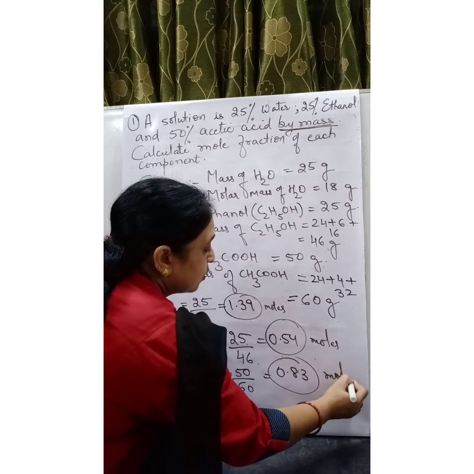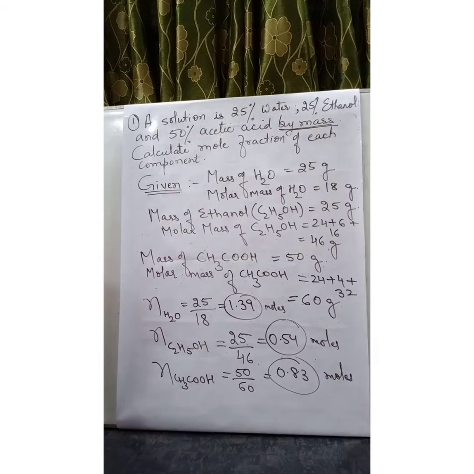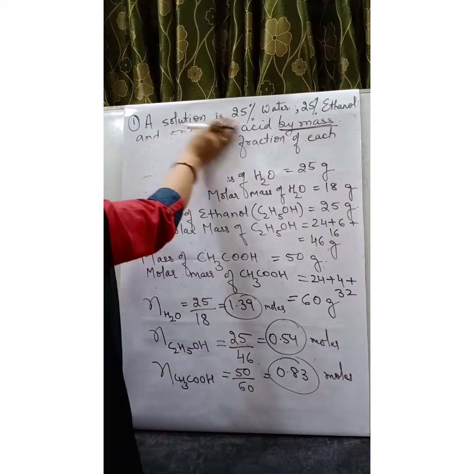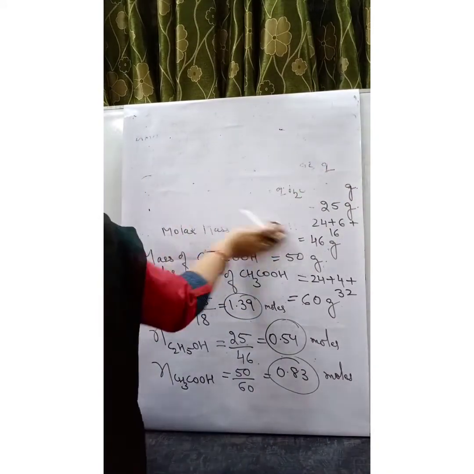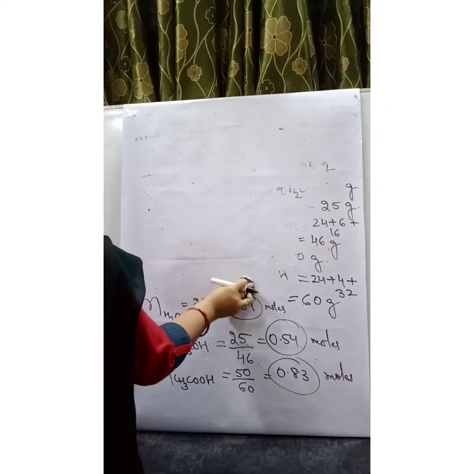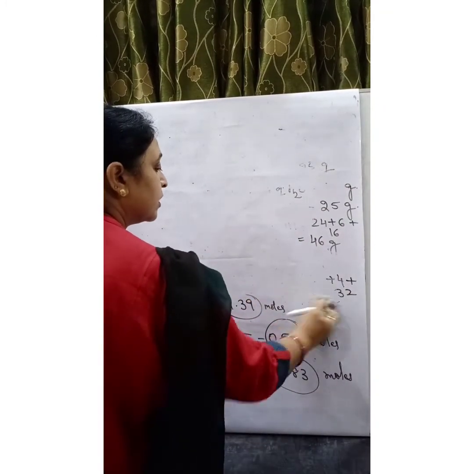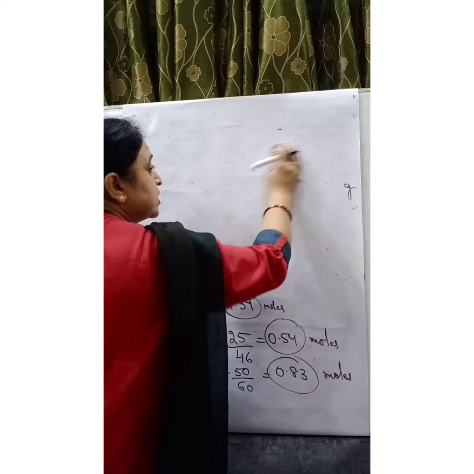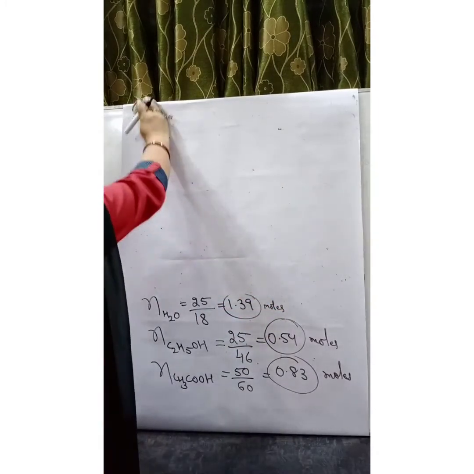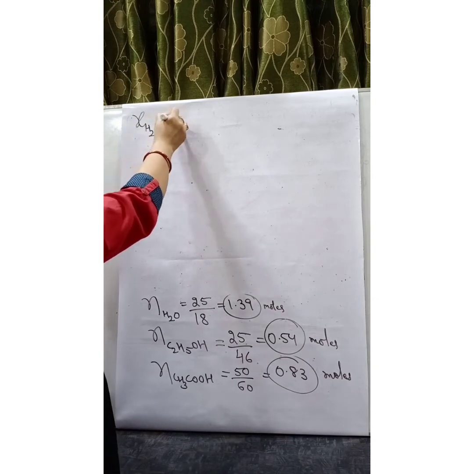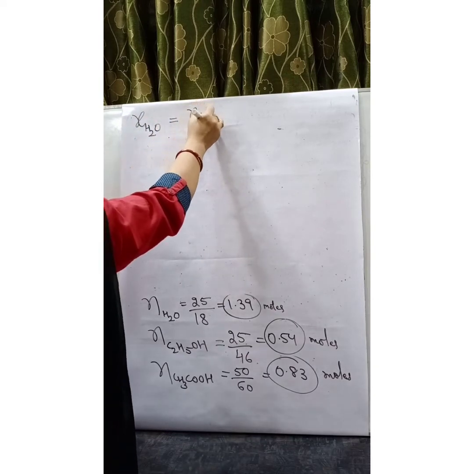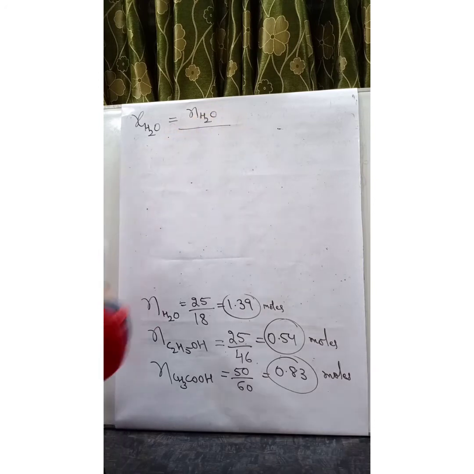Now let us calculate the mole fraction of each of the components. First of all, mole fraction of the first component, that is water. So, mole fraction of water is equal to number of moles of water upon total number of moles of all the components present in the solution.